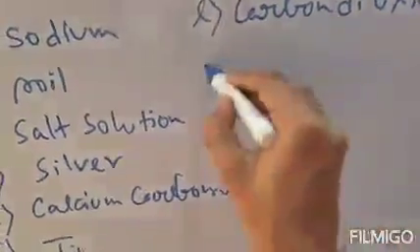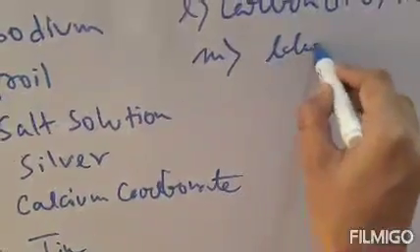Last, this is blood. Clear? So we will classify these into elements, compounds and mixtures. Some are elements, some are compounds and some are mixtures, so we have to classify them into elements, compounds and mixtures.